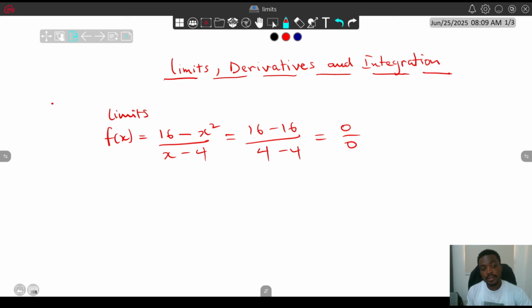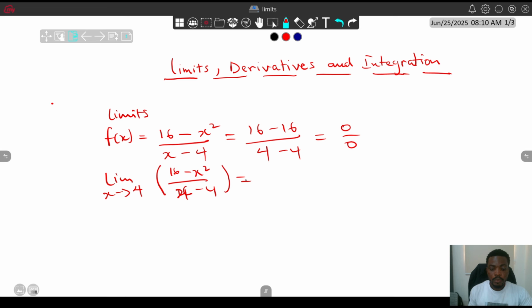So what limit does is help us to determine what actually happens as the values of x approach 4, right? So we can have the limit as x approaches 4 of 16 minus x squared all over x minus 4.